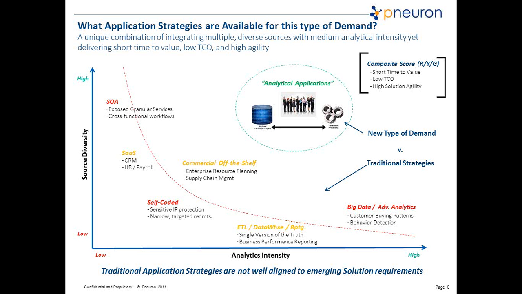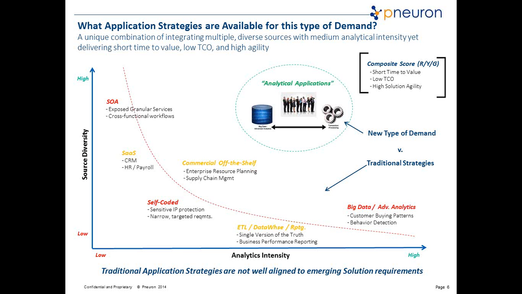And what I've characterized here in the upper right is this composite score, if you will. These requirements for short time to value, low TCO, and high agility frankly don't fit the traditional paradigms particularly well. I've color-coded those a bit, and we could have some conversation around the reds and yellows and such.